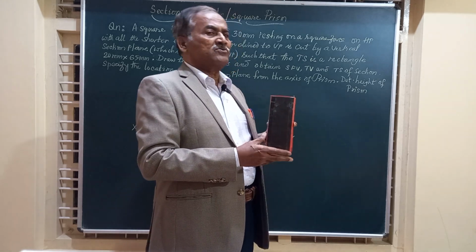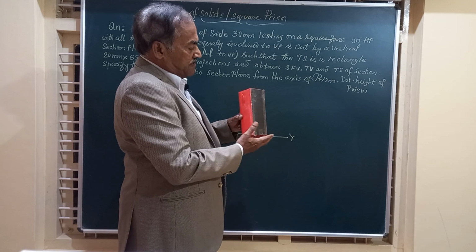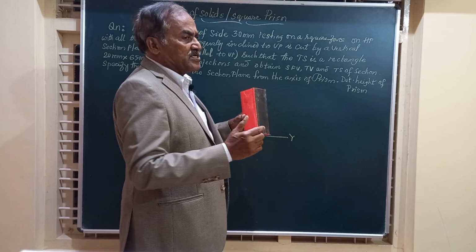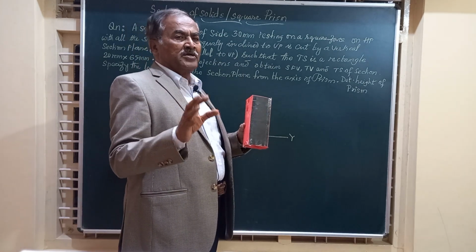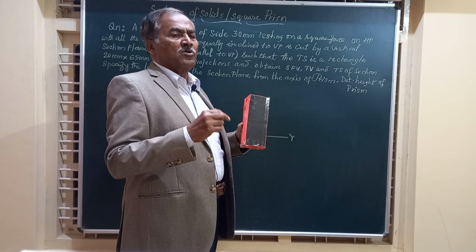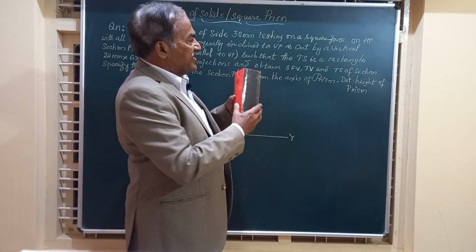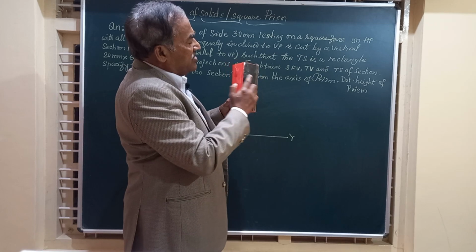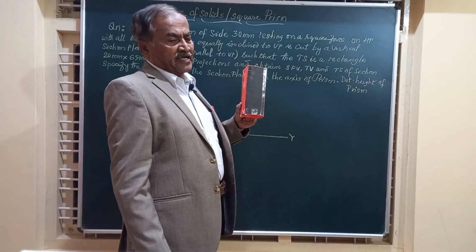Okay, so friends, we will place the prism on HP with all the four edges equally inclined to VP. Obtain the top view and front view. In the top view, you are going to get a square with all the edges equally inclined to VP, and in the front view, you will get two rectangles. This is one rectangle, this is the other rectangle.